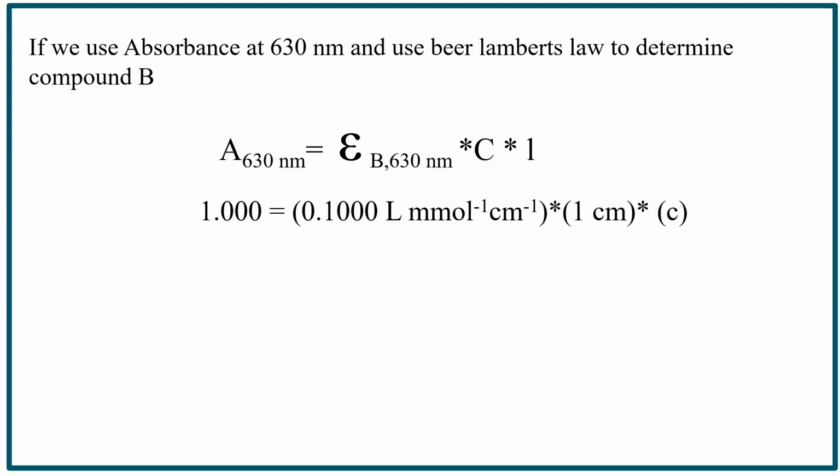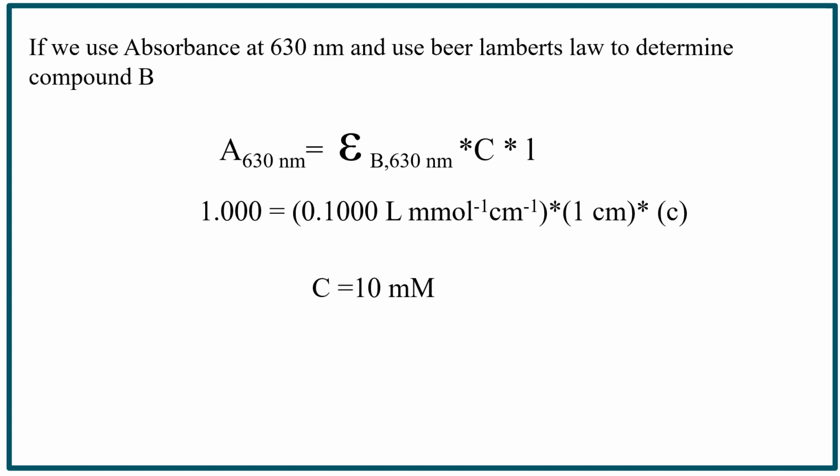Epsilon B is 0.1, the concentration is unknown, the path length is 1 centimeter and absorbance is 1. So by calculating the concentration C, we get C equal to 10 millimolar.